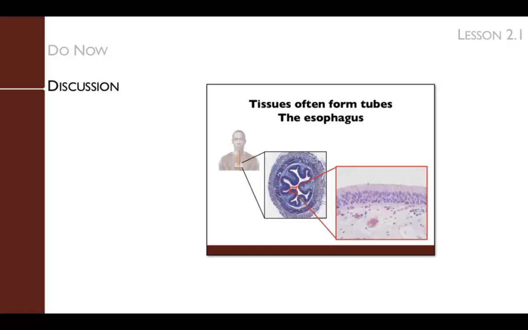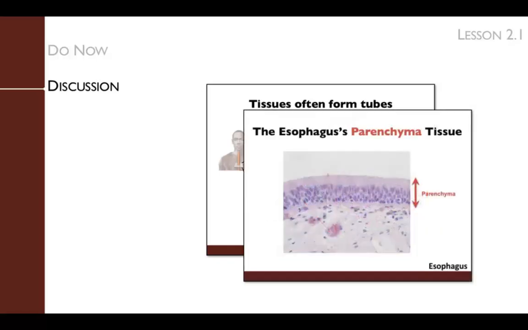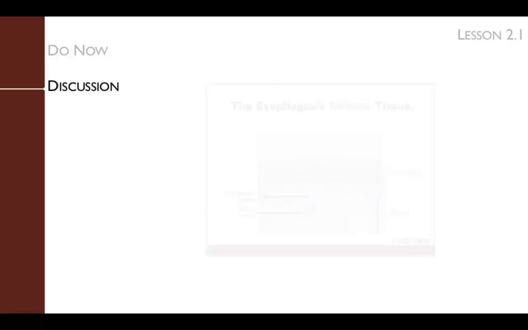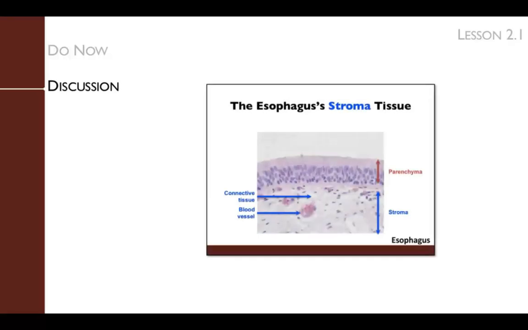The tissue that performs this role is the parenchyma tissue, which in this case is the inner lining of the GI tract. The parenchyma is sandwiched between the inner space or lumen of the GI tract, which in this picture is above the parenchyma, and the stroma, which sits below the parenchyma. The stroma supports the parenchyma.